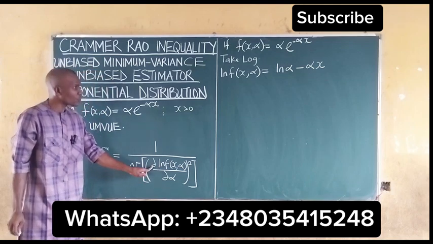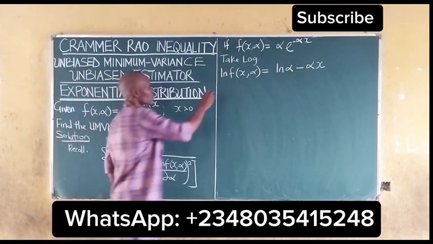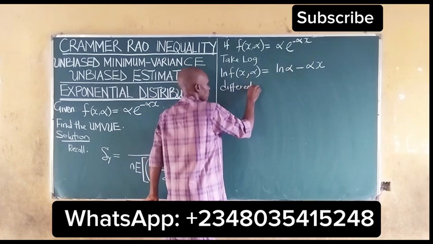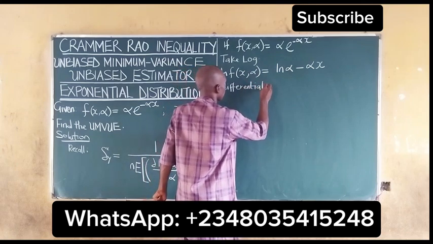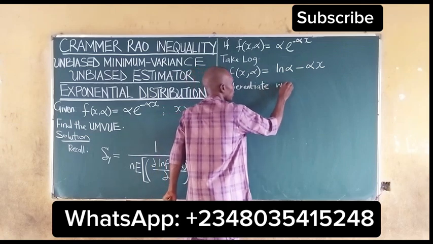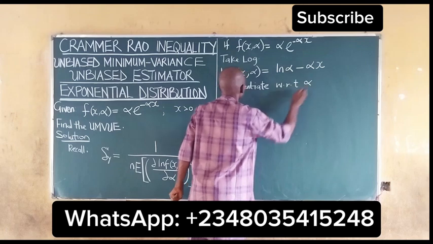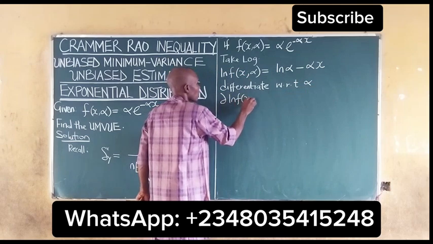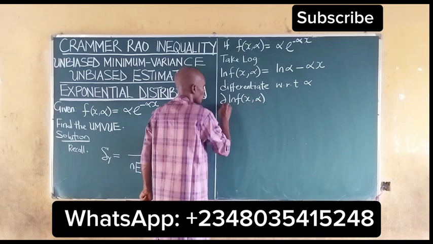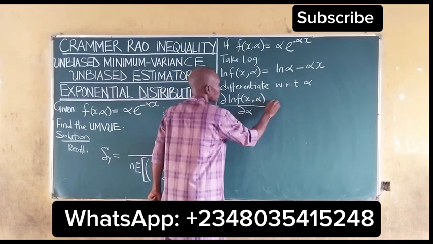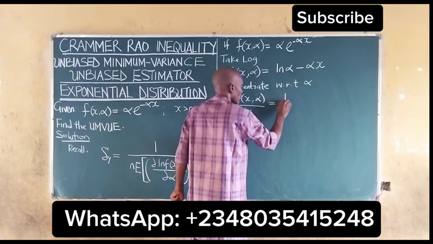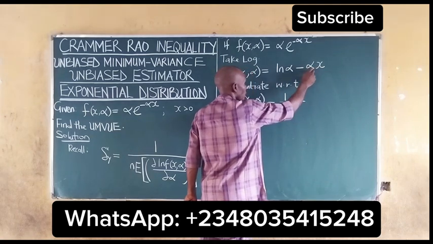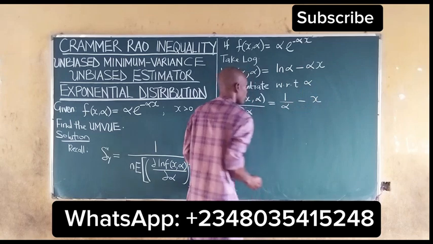The next thing to do is to differentiate with respect to phi. So we have the differential of our log function with respect to phi equal to 1 all over phi, minus x.